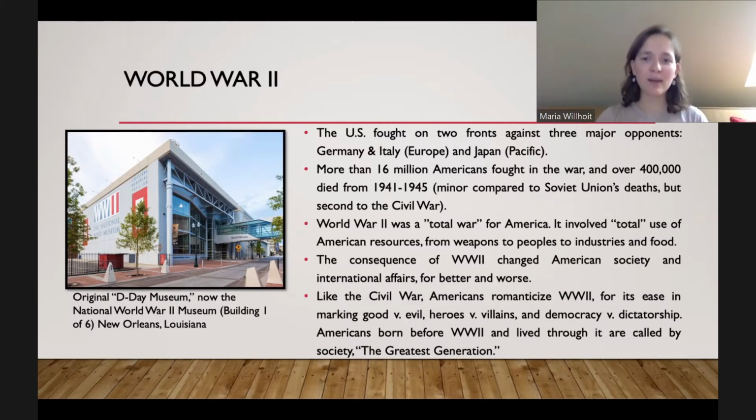And I would say that World War II, like the Civil War, but unlike the Civil War, has a major consequence for America. America that we know today is a result of what happened after World War II, basically. As I said, America before World War II is very different from America after World War II in many different ways.